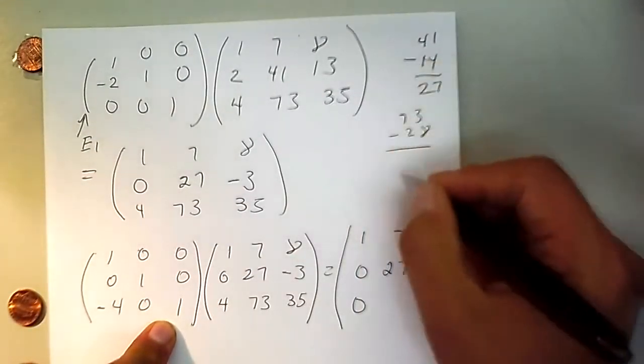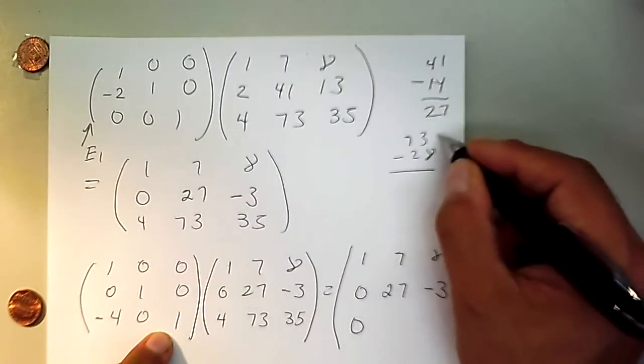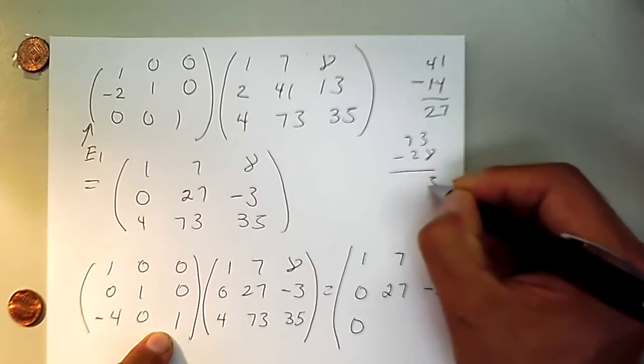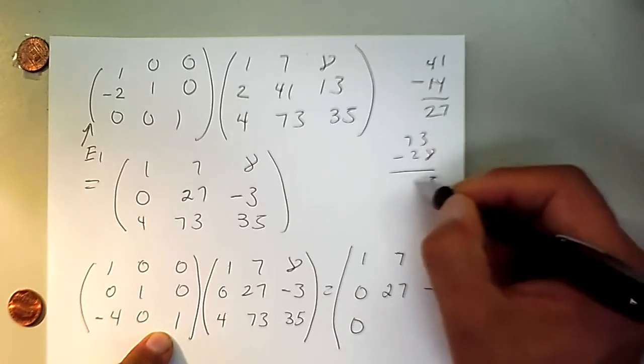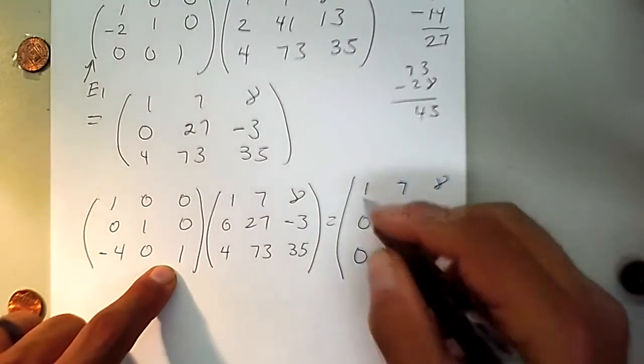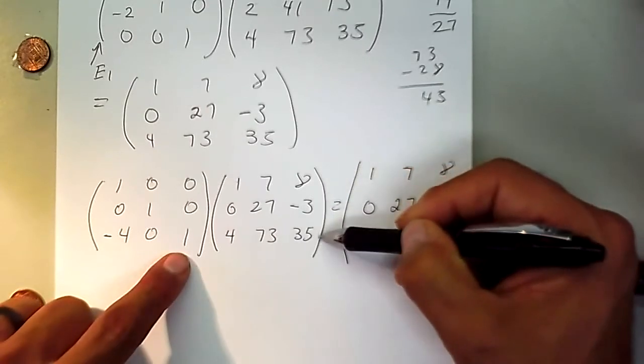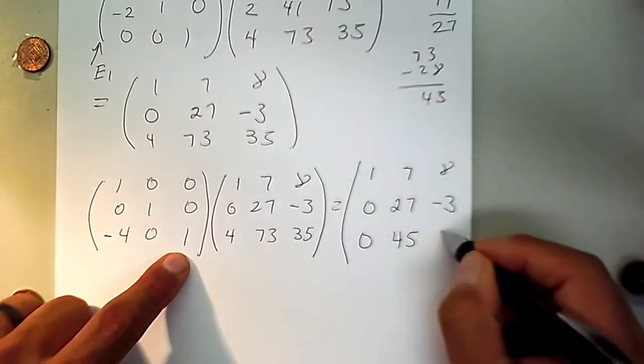So I'm using this little space to do some side computations. 13 minus 8 is 5. 6 minus 2 is 4. So we end up with 45. And then -32 plus 35 is 3.